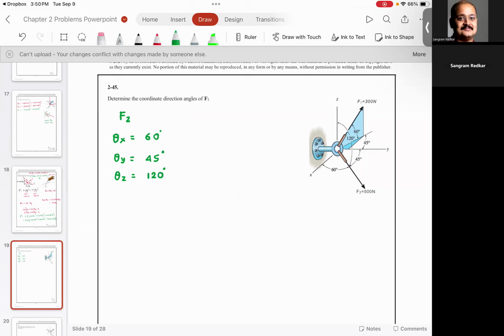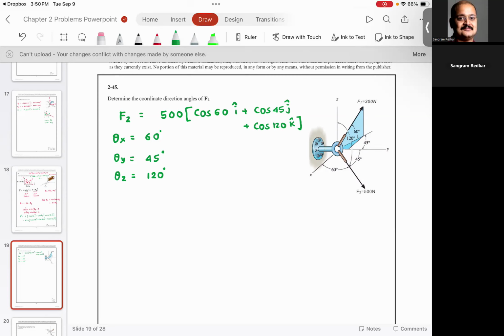So F2 can be written as magnitude of F2, 500, in parentheses, cosine 60 i plus cosine 45 j plus cosine 120 k. Are you with me?